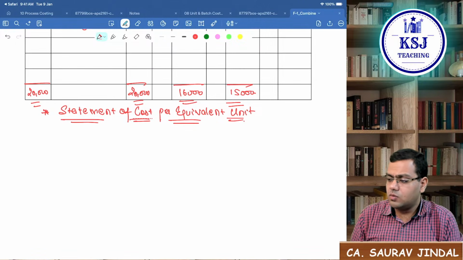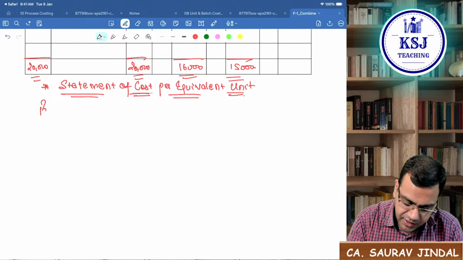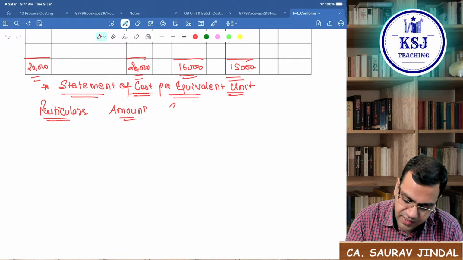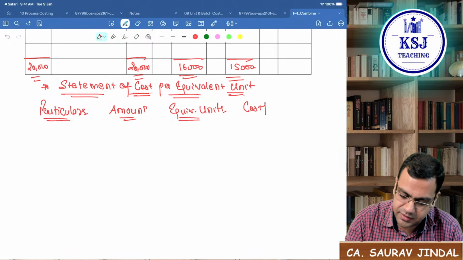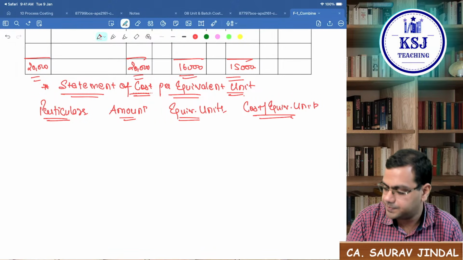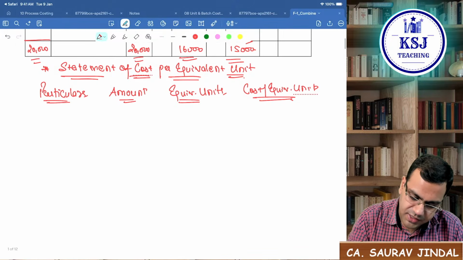Now, what is the statement of cost per equivalent unit? We know the format here, that is particulars, then we have the amount, then we have equivalent units, and then we have cost per equivalent unit. So what is the cost that is incurred?